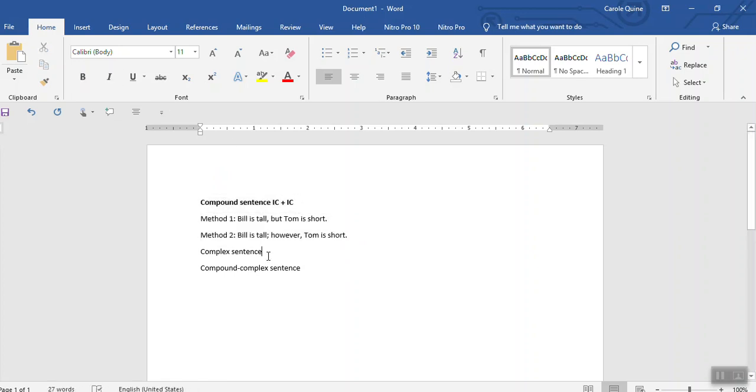So let's go to complex sentence. A complex sentence follows either a dependent clause plus independent clause equation or independent clause plus dependent clause equation, okay? So we're going to talk a bit about that in this webinar, but basically what we're referring to is something that will look like this.